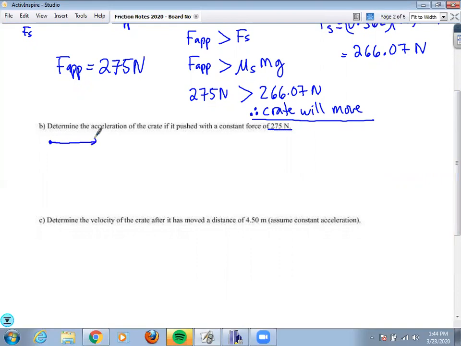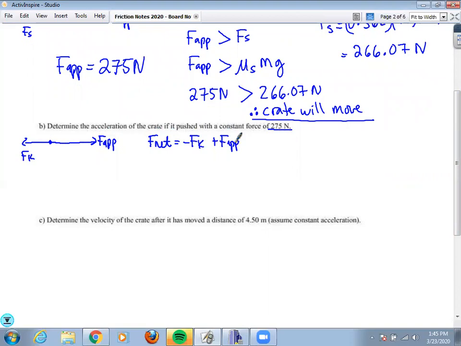All right, we've got our F applied to the right, and we've got our force of kinetic friction to the left. So according to our F net statement, F net equals negative Fk, that is, of course, being opposite to motion, plus force applied.